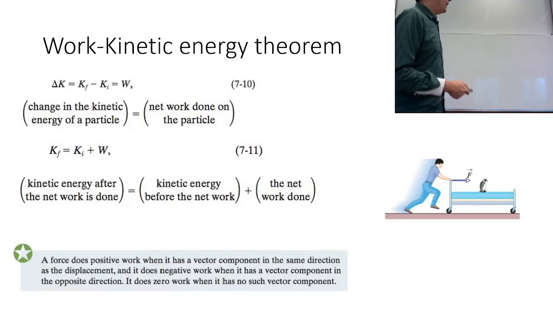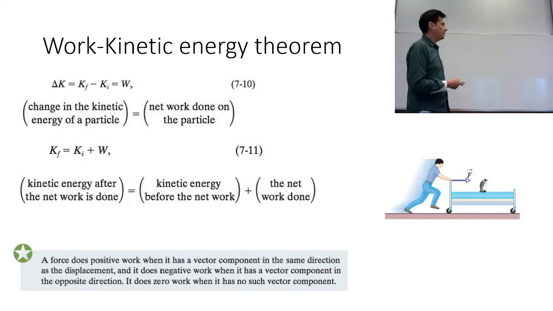And yeah, this is a central result of this chapter, which is basically saying that the kinetic energy change is equal to the work that's done on the system. So if you do some amount of work on the system, then the kinetic energy changes by that amount.